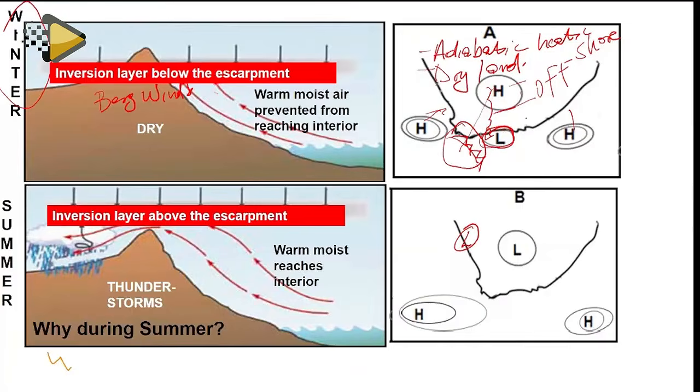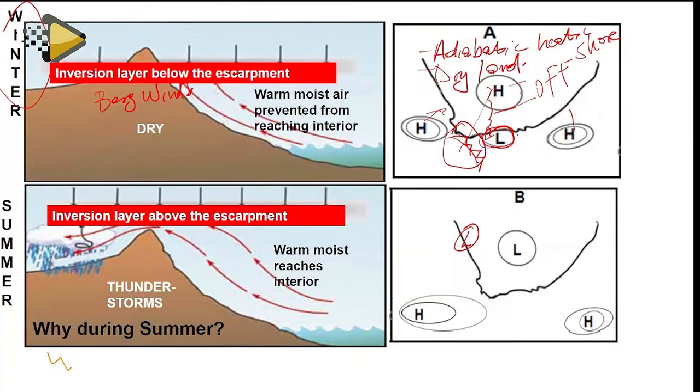They are associated with light rainfall and drizzle, mainly because of the influence of the cold, dry air blowing from the interior, and the warm, moist air that comes from the coast.